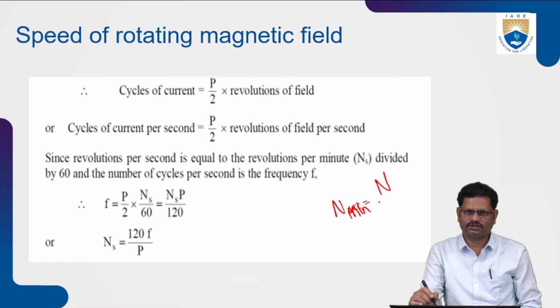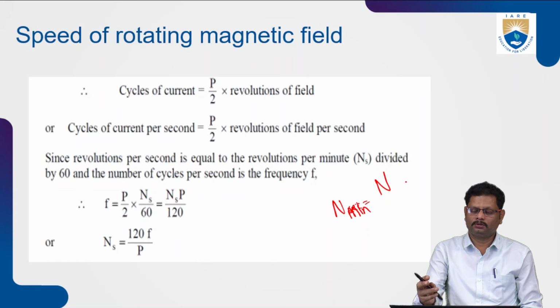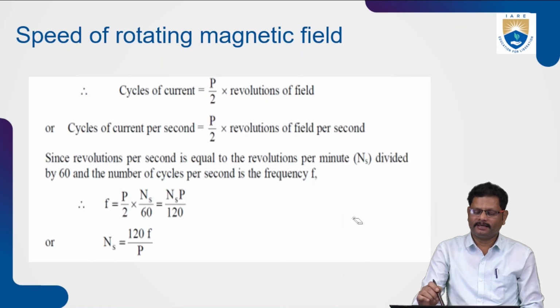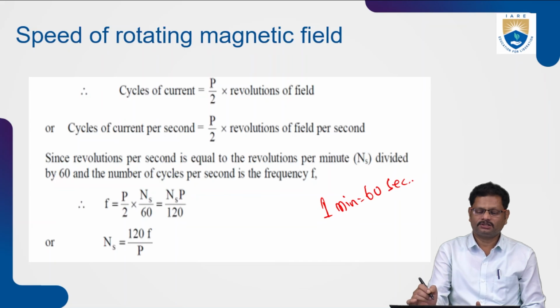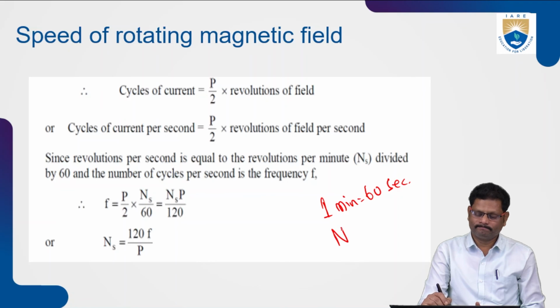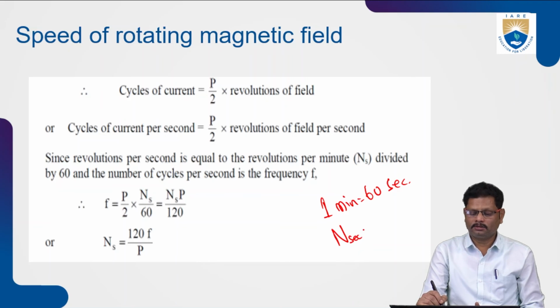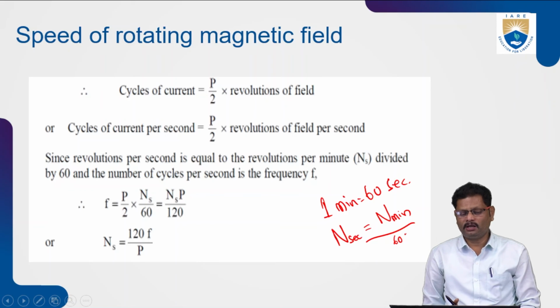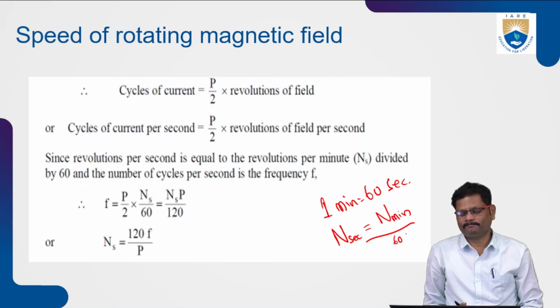Since 1 minute equals 60 seconds, revolutions per second is equal to the revolutions per minute divided by 60, which gives the number of cycles per second.